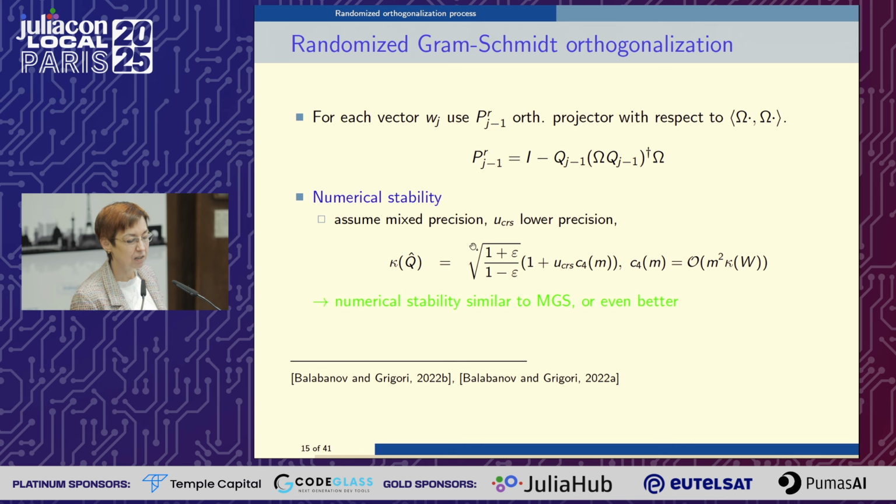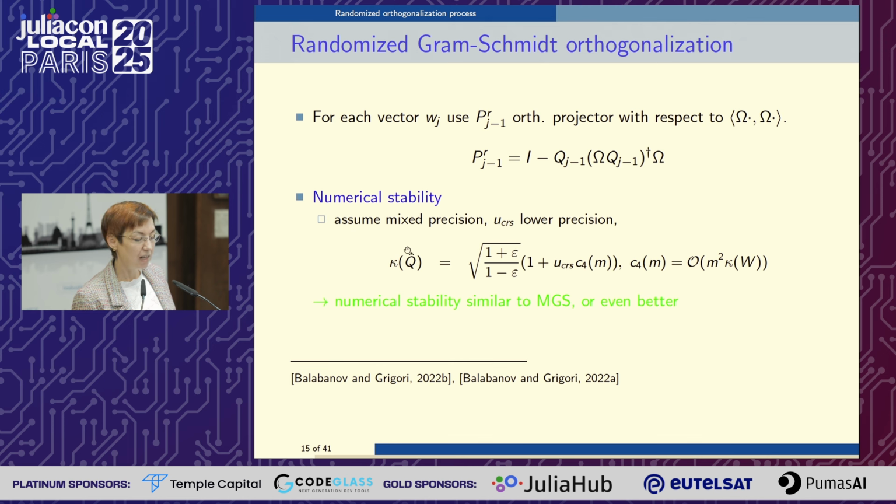And in particular for those algorithms, what we have shown here in a paper from 2022 with Oleg Balabanov is to show that the condition number, now with some lower order terms ignored here for simplification, has this form. So in particular, u here is a lower precision, and then if we look here, it depends linearly on the condition number of W. So it has numerical stability similar to modified Gram-Schmidt.